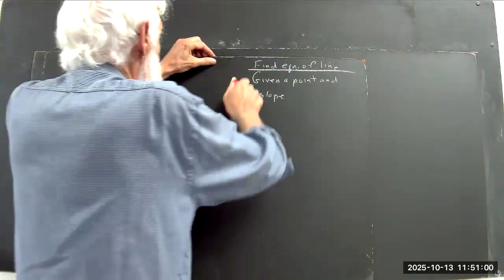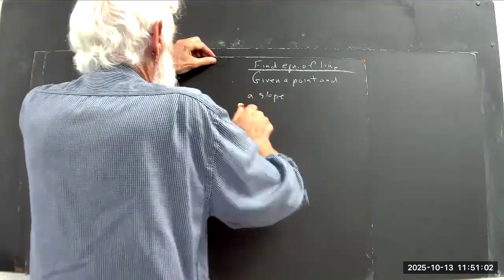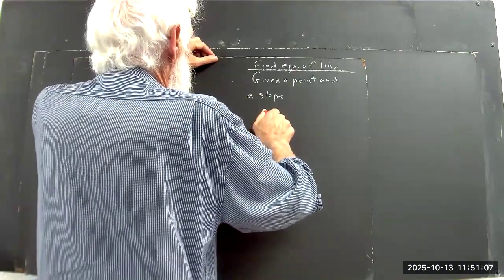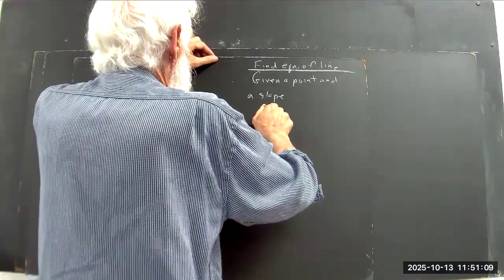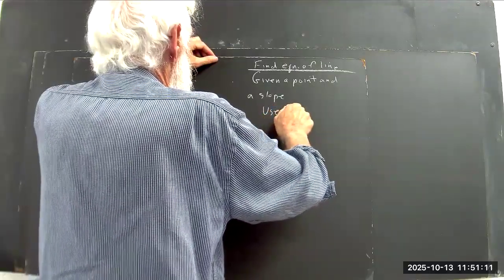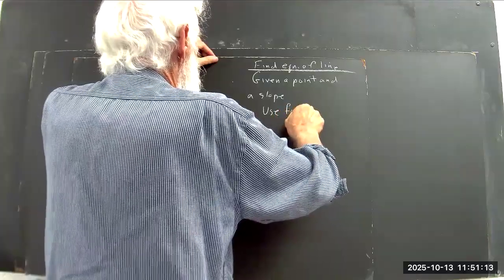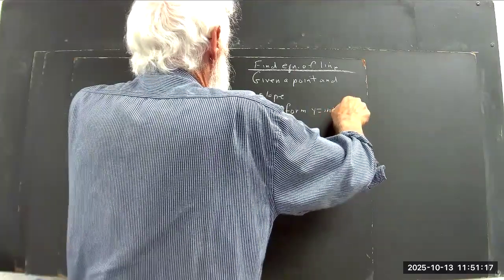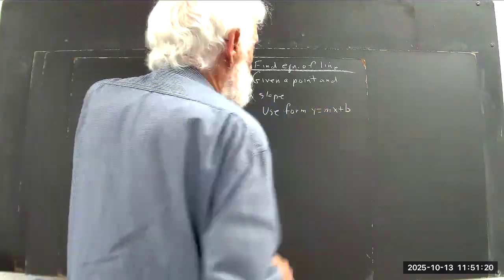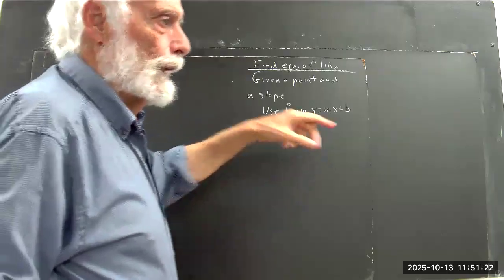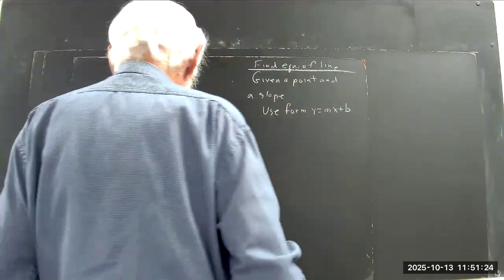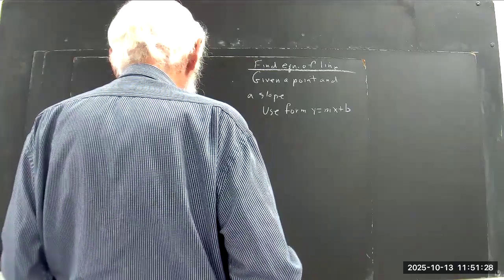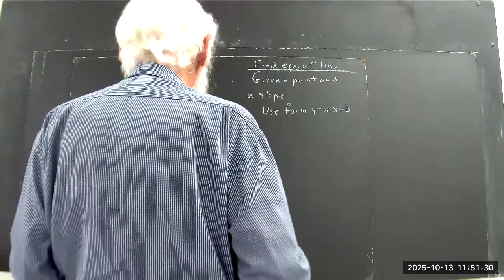Okay, first, given a point and a slope, use the form y equals mx plus b. That's the slope-intercept form, and I'll even write that as a note, although you should know that very well.